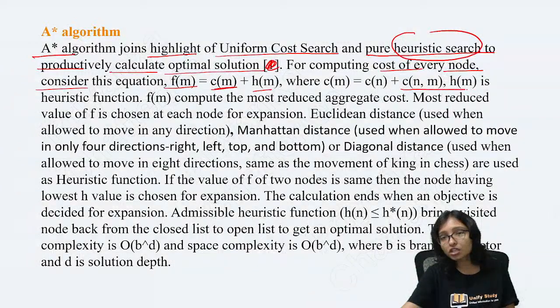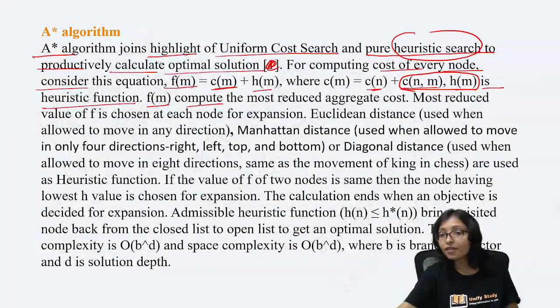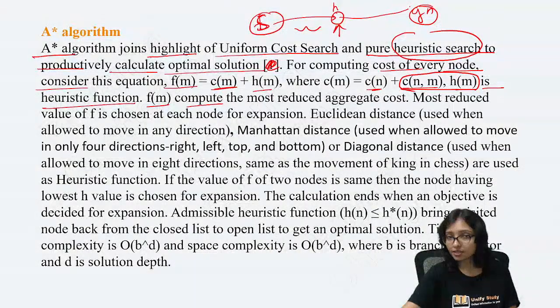Out of the cost and the h(m), we are going to choose one of them. f(m) equals g(n) plus c(n,m), and h(m) is the heuristic function. f(m) is the computed cost that we already traversed. Whenever this is my starting node, and I am here at my current node, and this is my goal node, I already traversed this distance, this is known to me, and from here I am calculating a heuristic and now I am adding that heuristic, right?